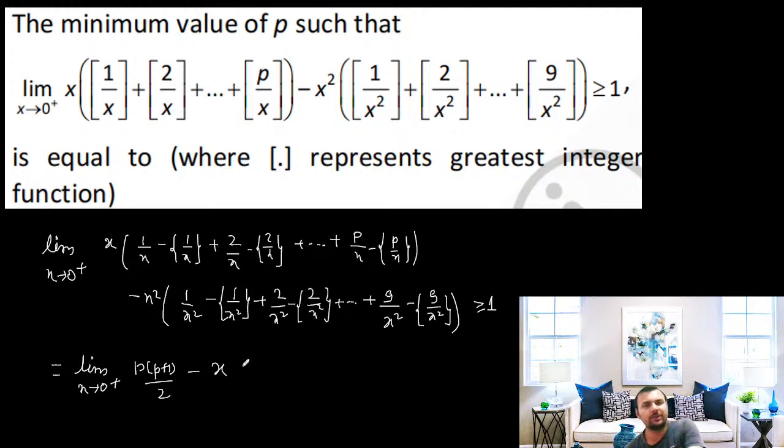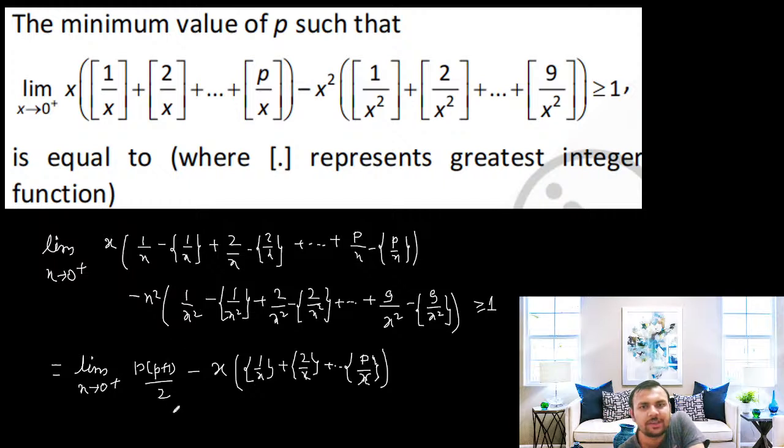This is some variable, okay. This is fractional 1 by x, fractional 2 by x, dot dot dot fractional p by x, okay.